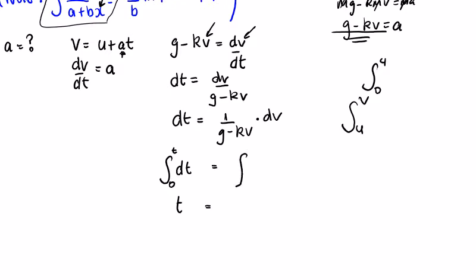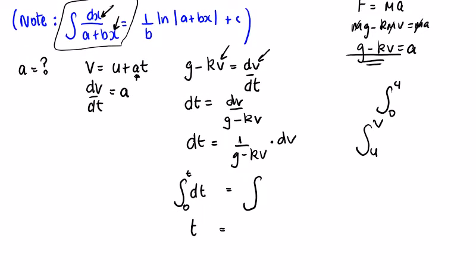And if we integrate this, it's based on what they've given you up here. We're going to integrate 1 over g minus kv between u and v. And you can see that they're telling you what the answer is here: 1 over b. The b in this case is minus k. So we're going to get minus 1 over k times the natural log.